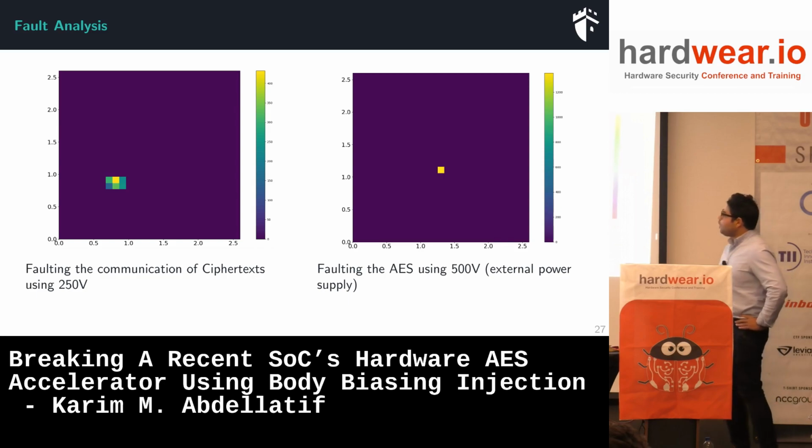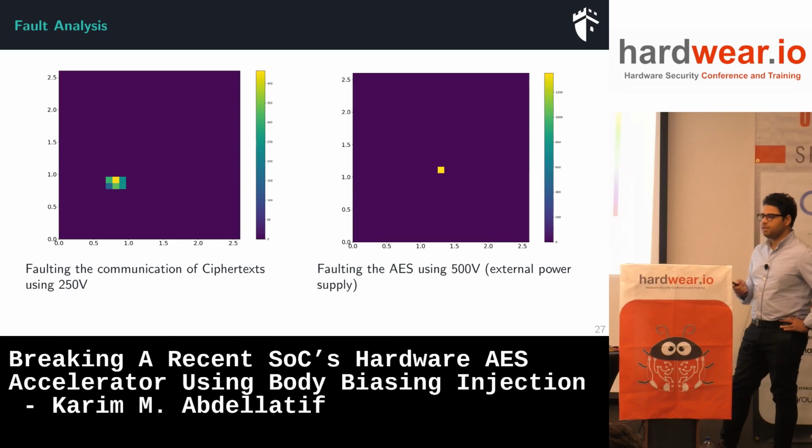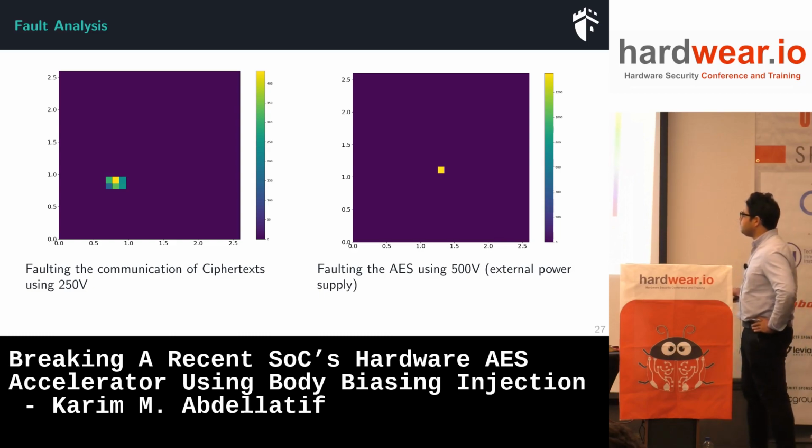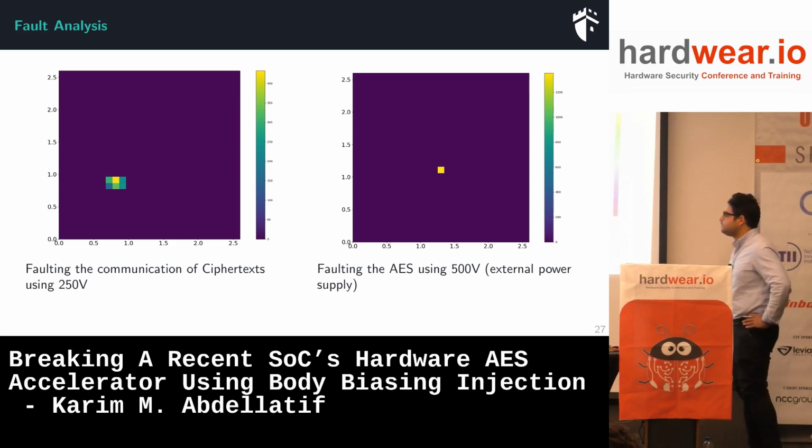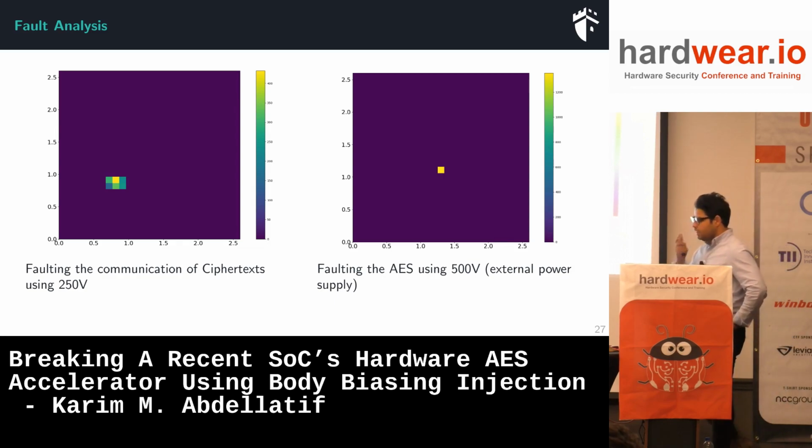Well, I started to repeat the same experiment. I have the AES running, I already know where the AES is executed, and I started to scan the chip. You'll find here I obtained some faults using the maximum voltage of the injector, which is 250 volts. Unfortunately, the faults that I obtained are only on the ciphertext itself.